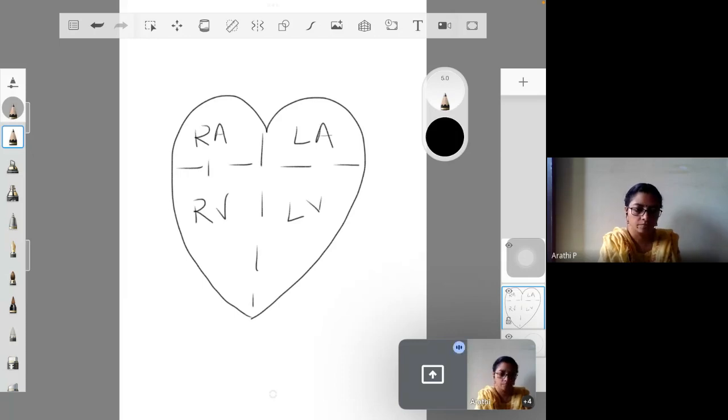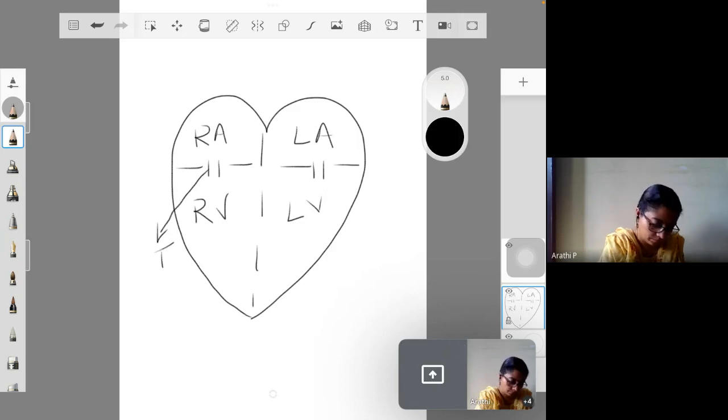So you will have valves here. This valve is tricuspid valve, and this is bicuspid valve. So tricuspid and bicuspid.